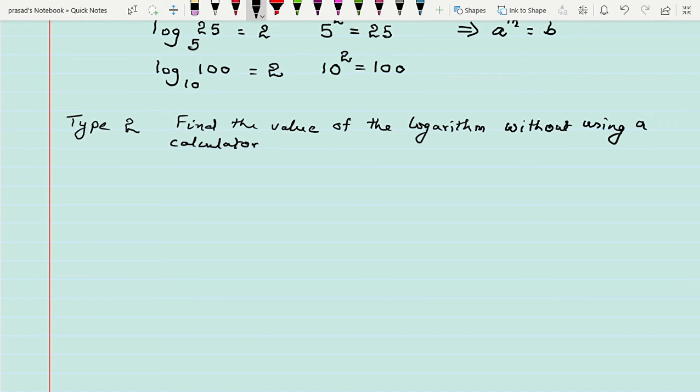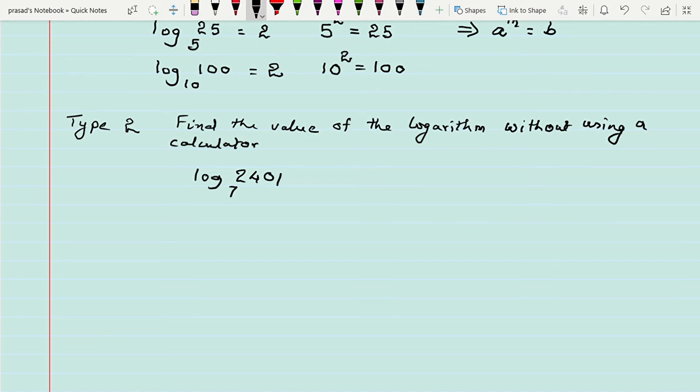So log 2401 to base 7. Okay, I want to find out the value of this without using any calculator.